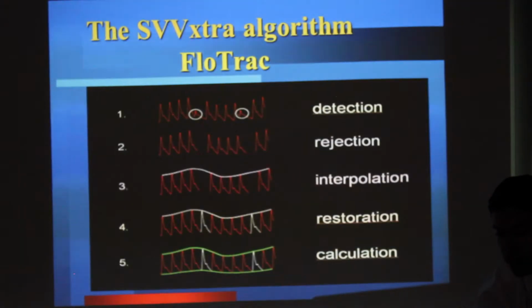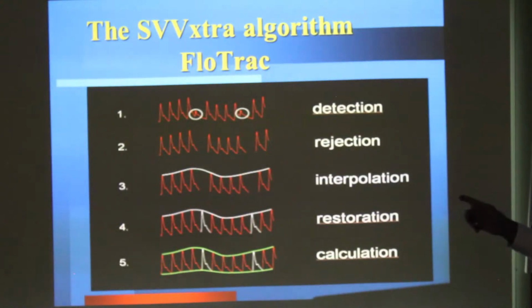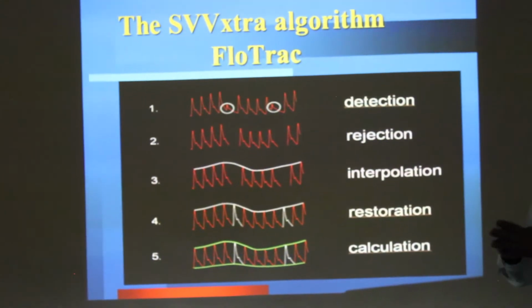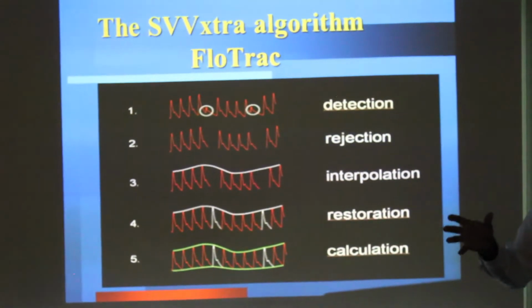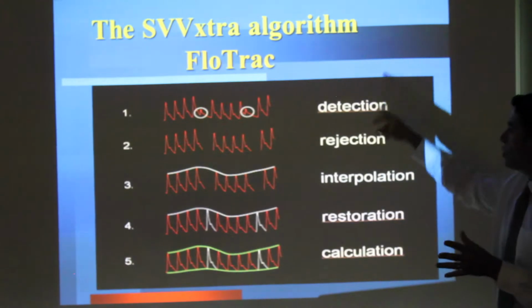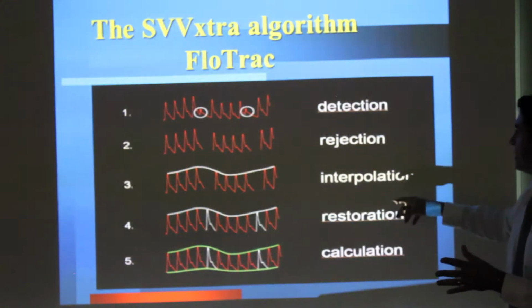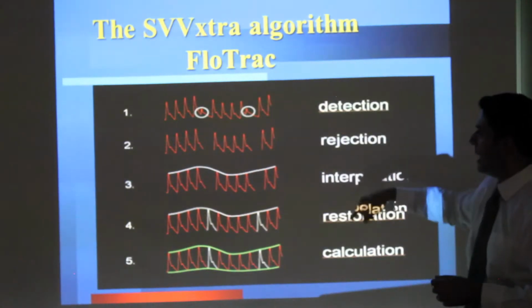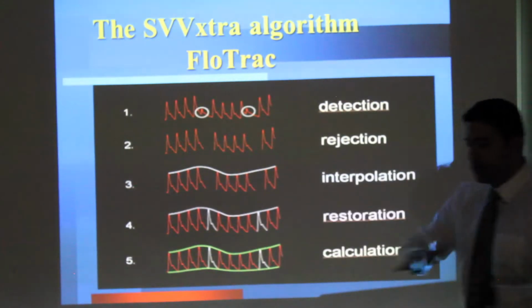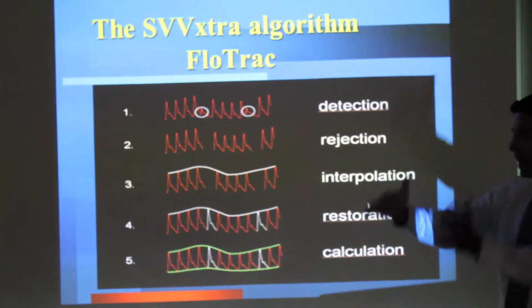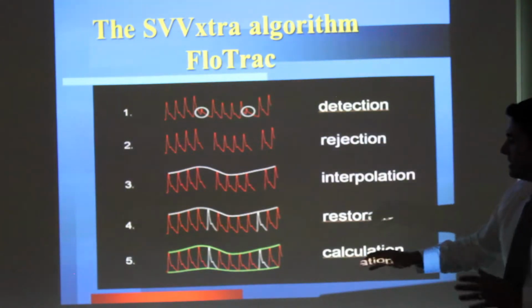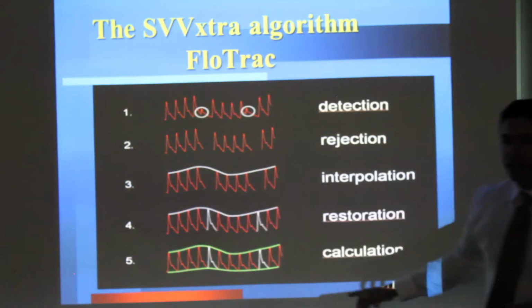So we have it at downtown. The FloTrac has the SVV extra algorithm, so we can use it for patients who have PACs, PVCs, because it has this correctable algorithm. For instance, let's say it detects that the patient had a PAC or ectopy. It follows the flow, that's why I call it FloTrac, and it corrects. So it's like a smart software that will correct those PACs and PVCs for you.